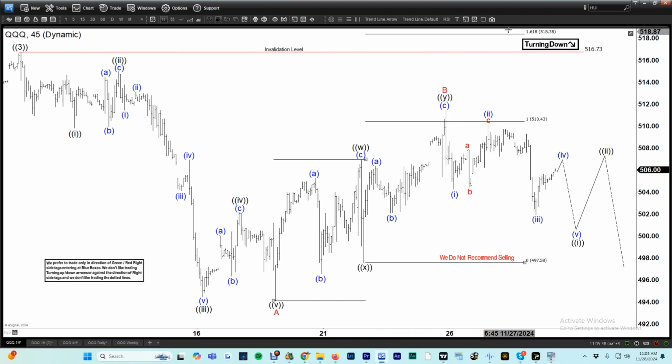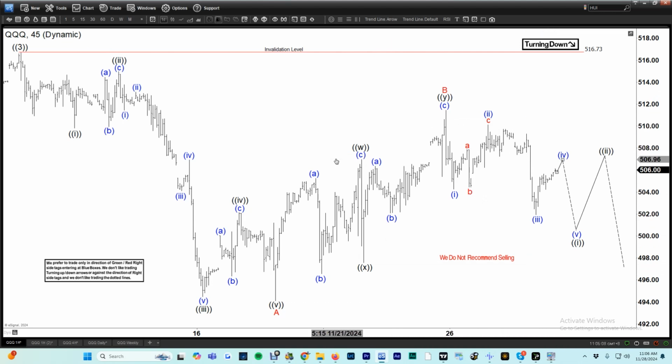If this were an impulse or a bullish market, you would have expected a 1.618 extension on the third leg followed by a 4 and a 5, but it didn't happen. It reacted lower every single time it reached the 100%, and the last rally also reacted lower precisely from the 100%.